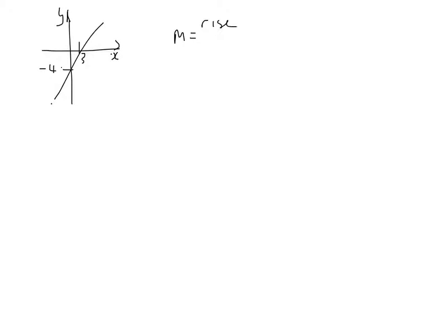M is equal to rise over run. In this case here, the rise, it goes up 4 and it goes across 3. So rise is 4 over a run of 3. So that's the gradient component of it. And we also know that our y-intercept is -4.